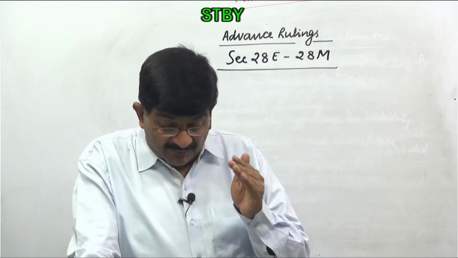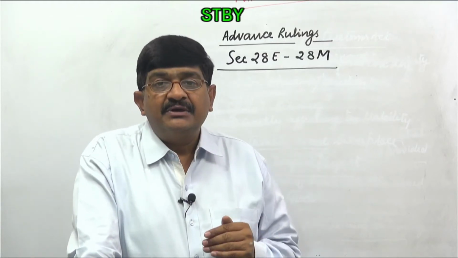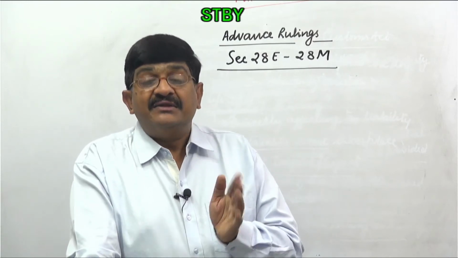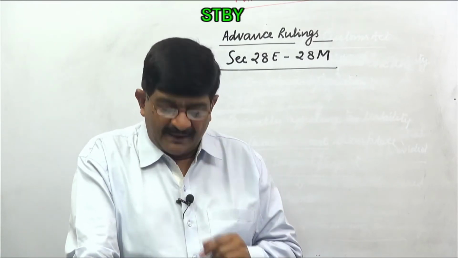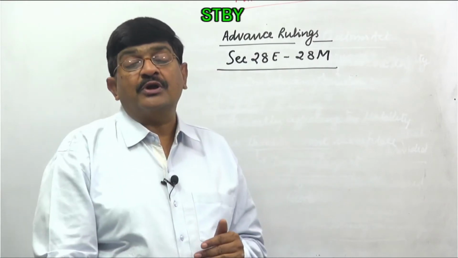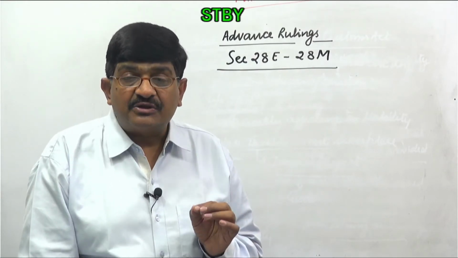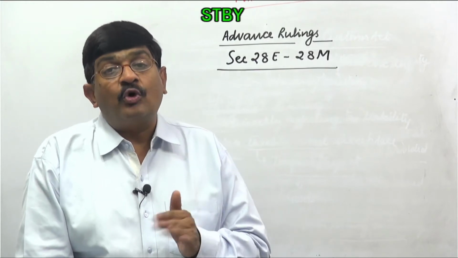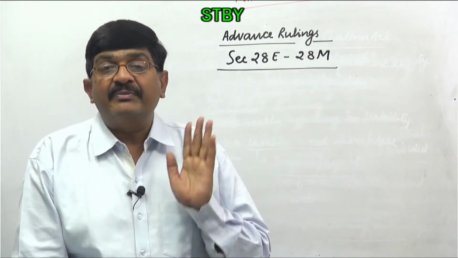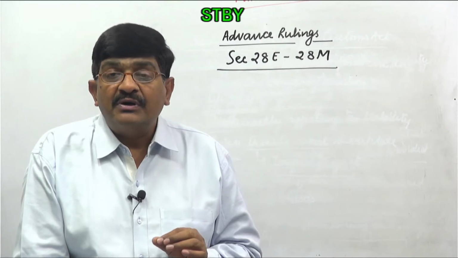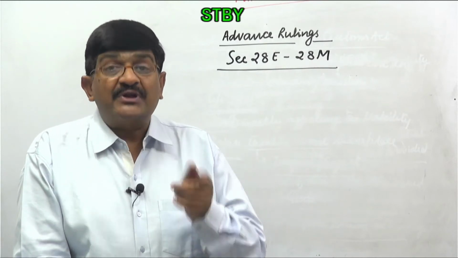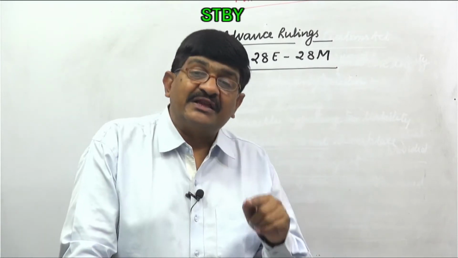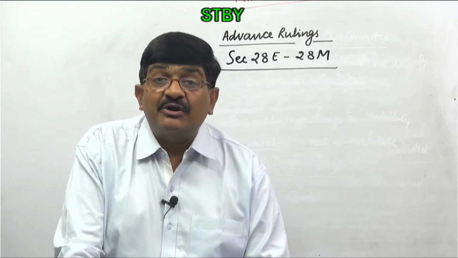Okay, and before this appointment, the authority for advance ruling constituted under the Income Tax Act, that was the authority for advance ruling. So section 28F is talking about that when this authority is custom authority is appointed, then thereafter all further cases will be with the custom authority for advance ruling, and before that whatever is lying with the appellate authority constituted under the Income Tax Act, those will get transferred to this. So those sections are no more relevant for you.